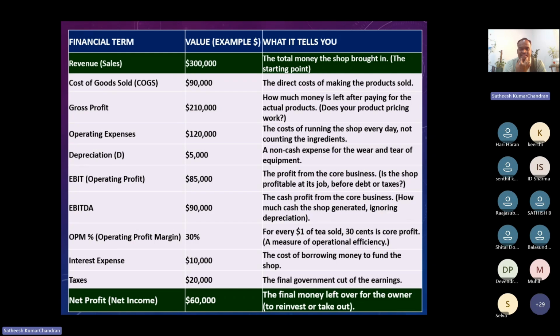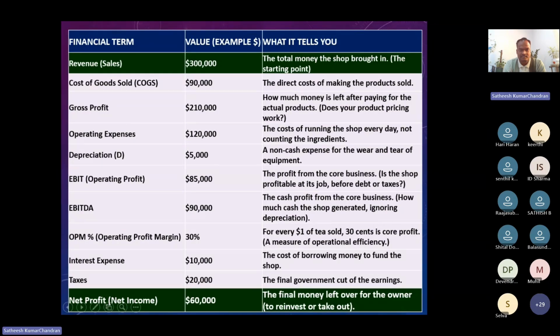Cost of goods is like 90,000. Gross profit is like 210,000. In this cost of goods, for example in the restaurant, direct cost of salary, materials, goods, electricity, everything is cost of the goods sold.